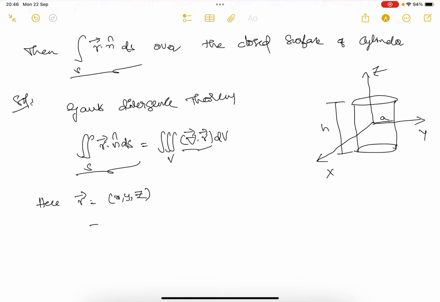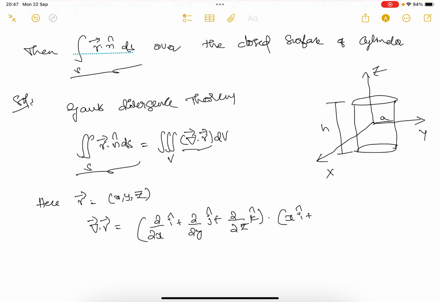Del bar dot r bar is dou by dou x i cap plus dou by dou y j cap plus dou by dou z k cap, dot x i cap plus y j cap plus z k cap, which is dou by dou x of x is 1, similarly for y and z, which gives 3.